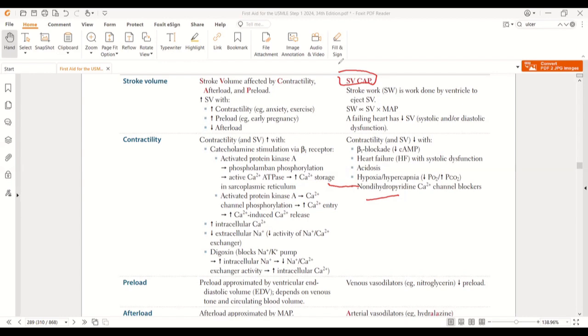I want to ask a question because I always get confused between stroke volume and cardiac output. What is the difference between them? Okay, so stroke volume is basically the determinant of cardiac output, right?